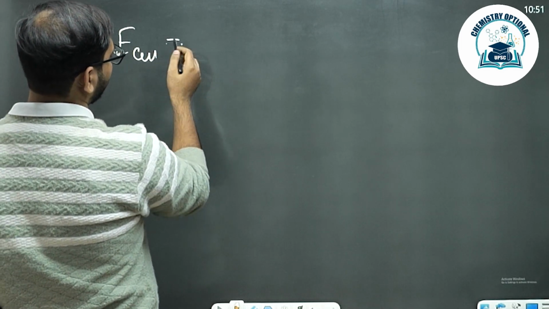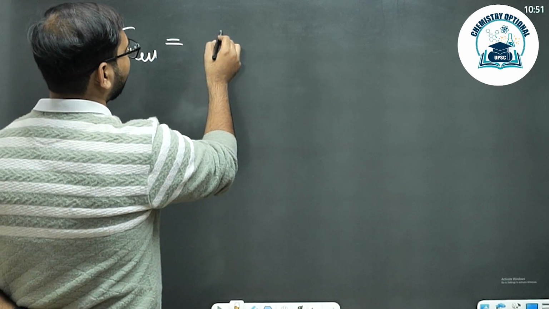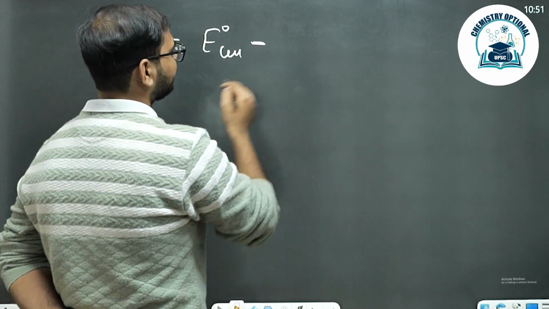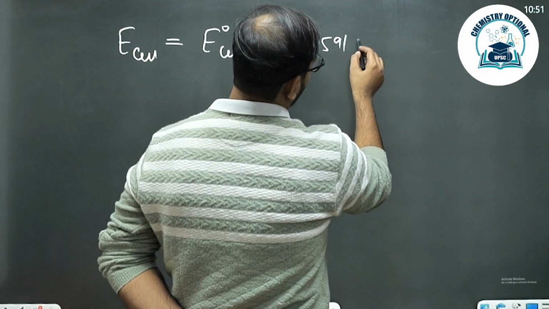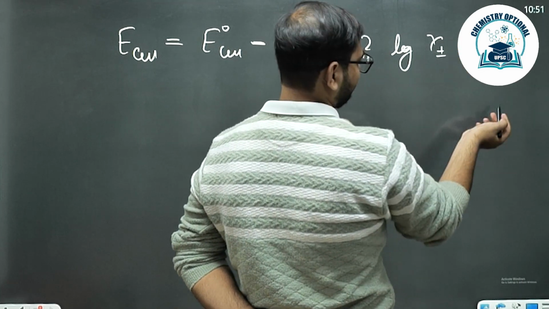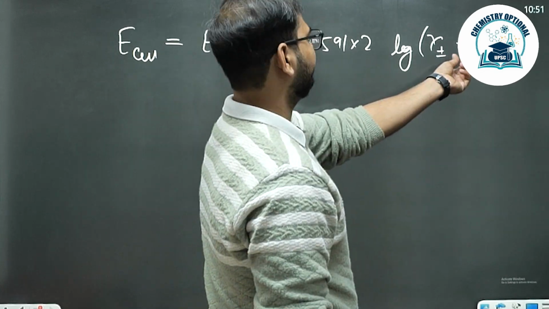whatever the EMF of the cell that you can measure using a galvanometer or any other method, and the standard value of E naught, which we already know from theory, this will become 0.0591 multiplied by 2 log of mean ionic activity coefficient multiplied by concentration. This is also the thing we can control.